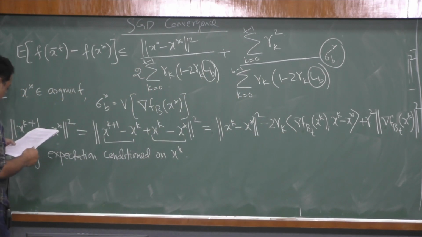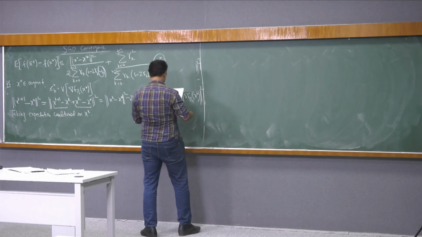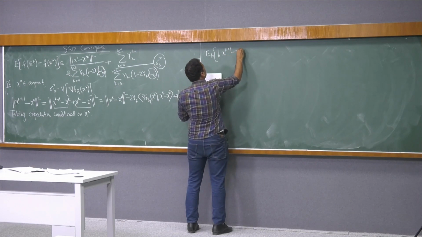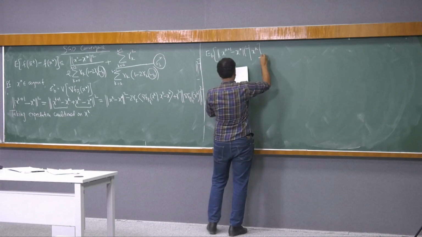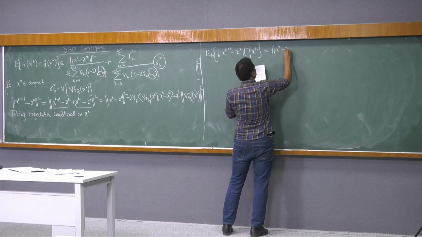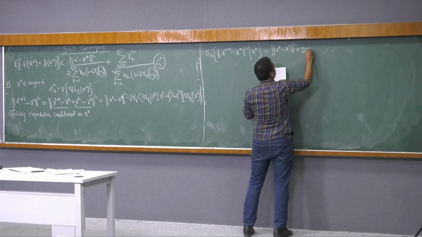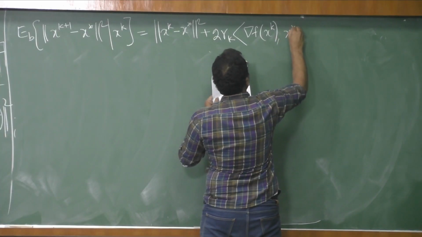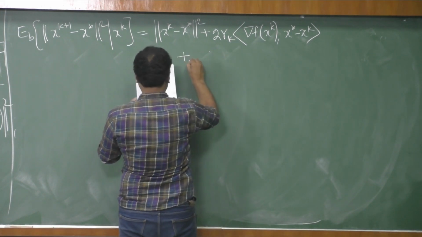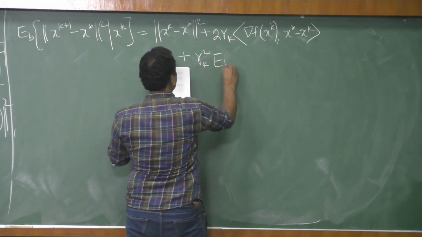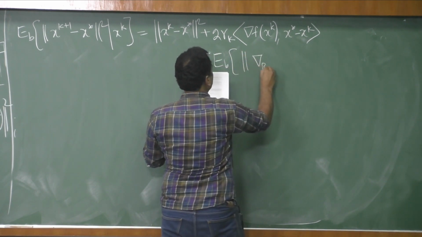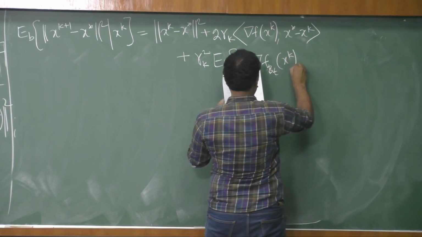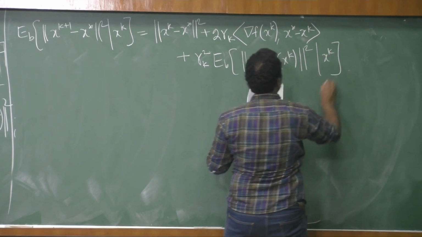If we do that, then E_B of norm of x_{k+1} minus x star squared, conditioned on x_k, is equal to norm of x_k minus x star squared plus 2 gamma_k times the inner product of grad f(x_k) with x star minus x_k, plus gamma_k squared times E_B of the norm of grad f_{b_t}(x_k) squared conditioned on x_k.